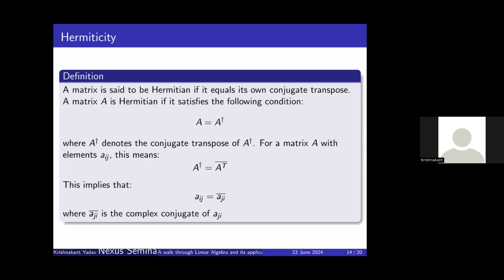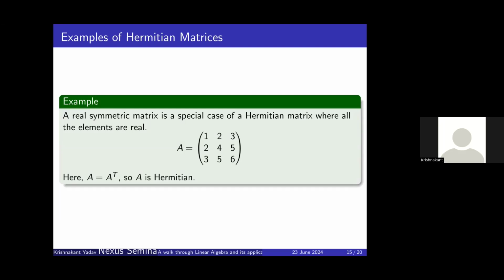Next, a real symmetric matrix is a special case of a Hermitian matrix where all elements are real.